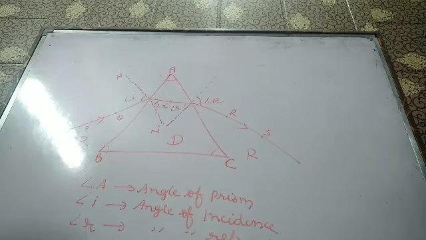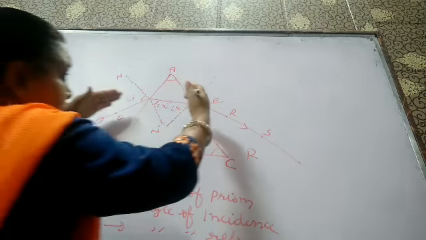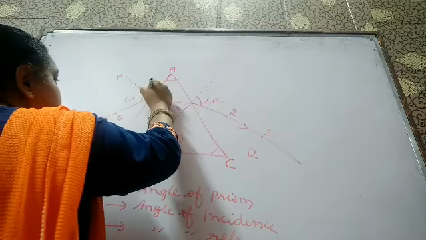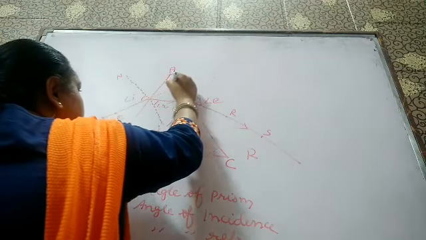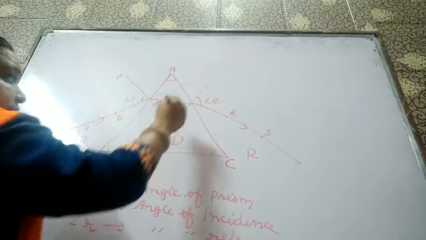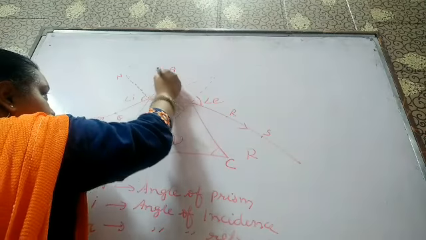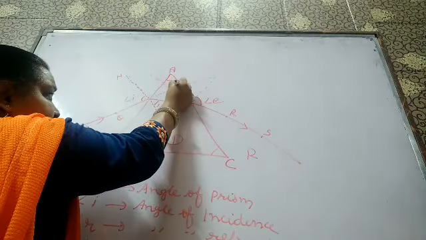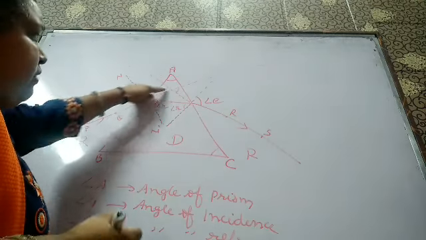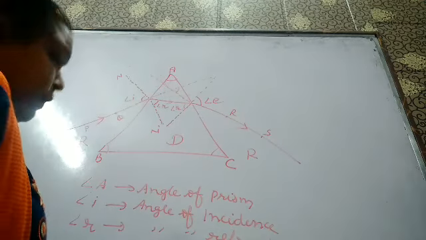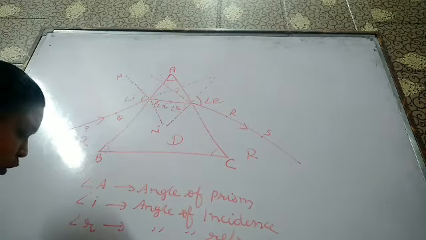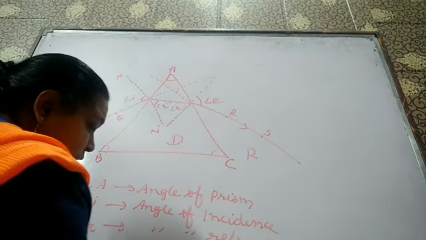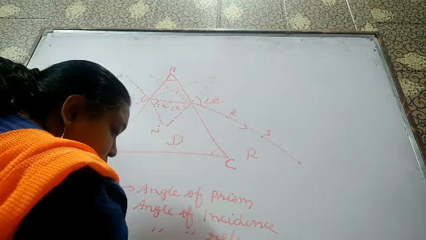Then one more angle is left. If I produce these two normals backside like this, if I extend this normal, then this angle between the extended rays is called the angle of deviation.